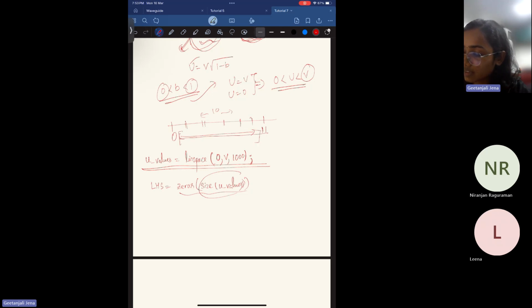This will create an array of the same size as the u values, with zeros in all places. Similarly for the RHS, zeros of the size of the u values.